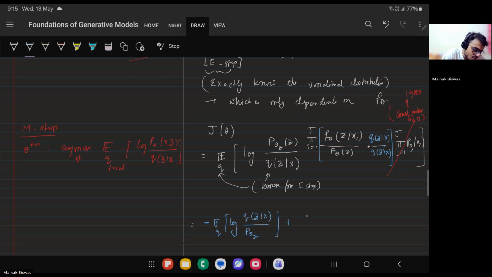plus the summation of j equal to 1 to J of the expected value over q. So I will take this together. I can take this log of q theta of z given x, the complete x, and f theta of z, right?